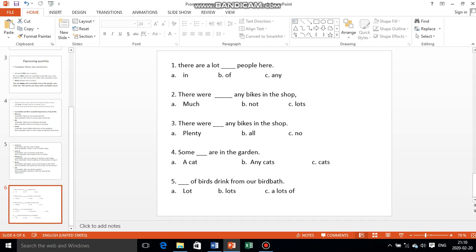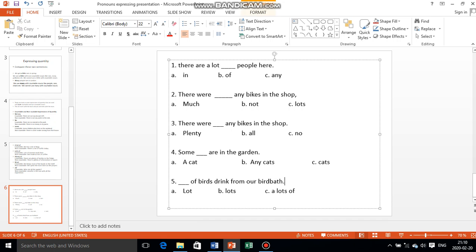Where's the noun? So this is the noun, cat. So some cats are in the garden. Okay. Blank of birds drink from our bird bath. So the answer is lots. Lots of birds drink from our bird bath.